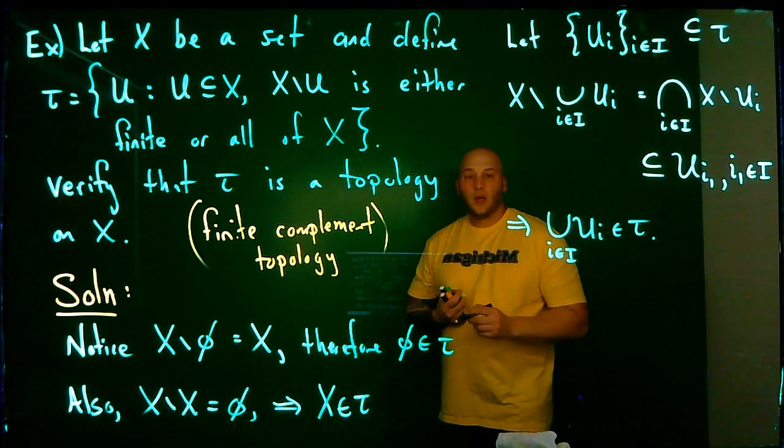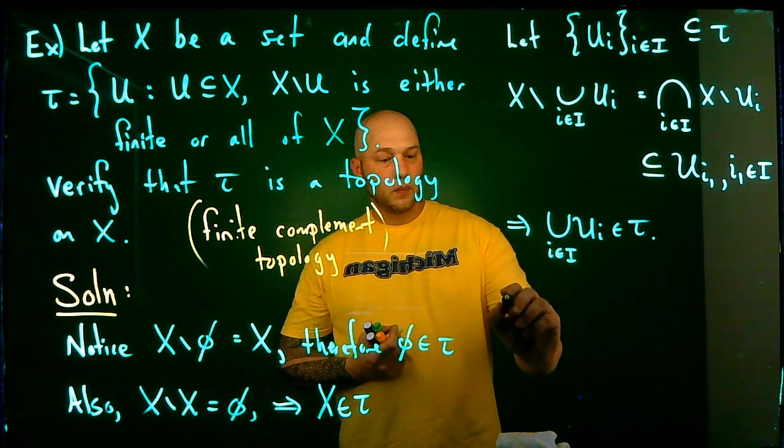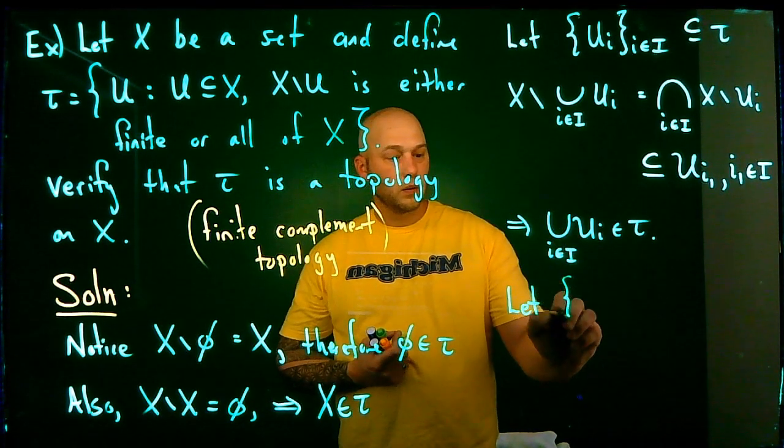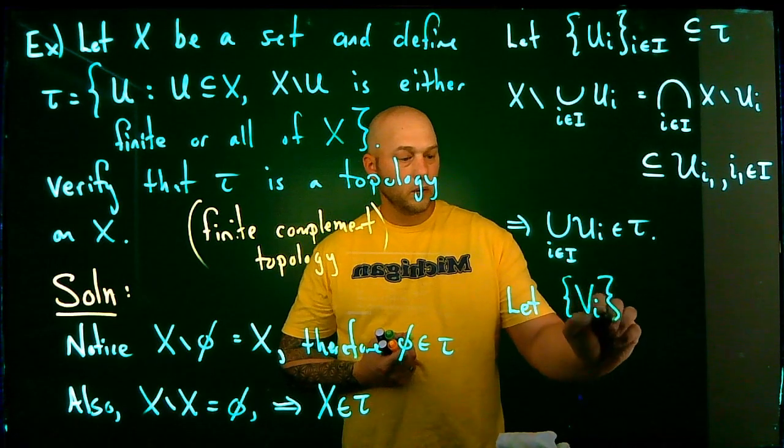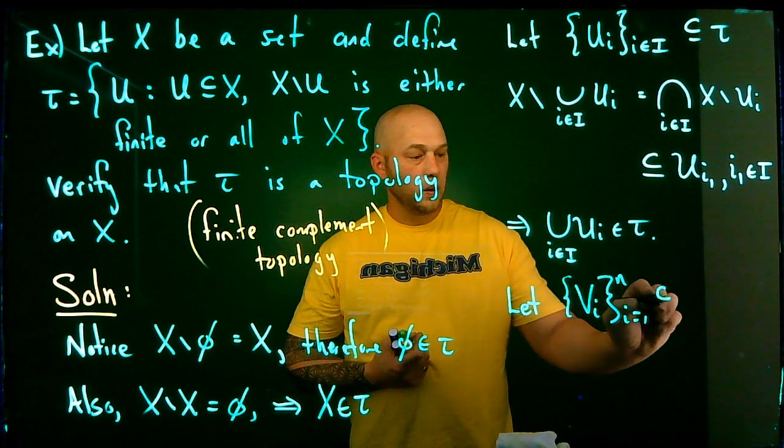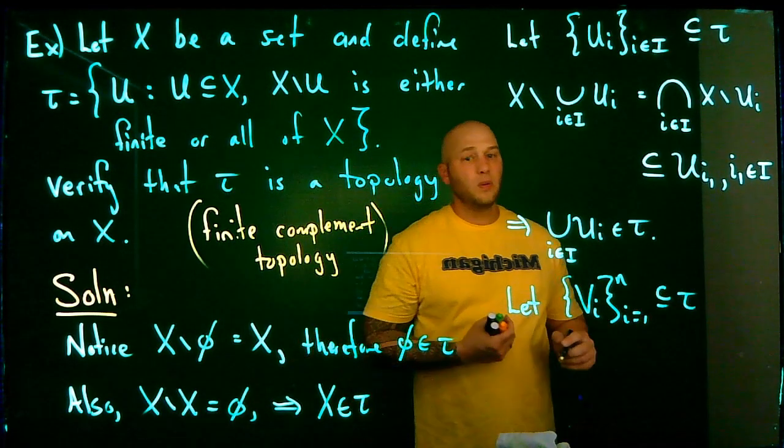Okay. Similarly, let V_i, where i equals 1 to n, be a finite collection of tau. Okay?